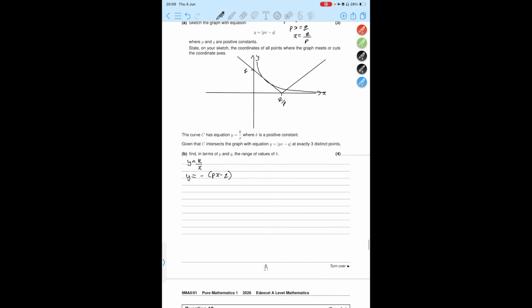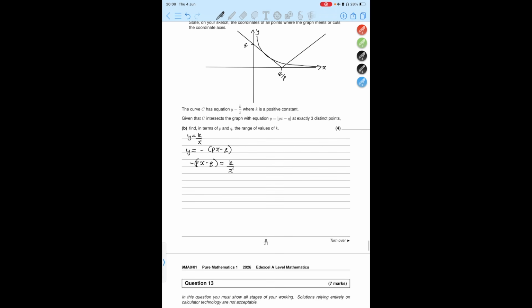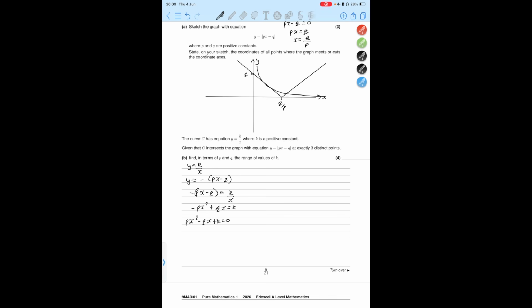Okay, so let's set them equal to each other. So minus px squared plus qx equals k. So now what we have is a quadratic. And what did we say?